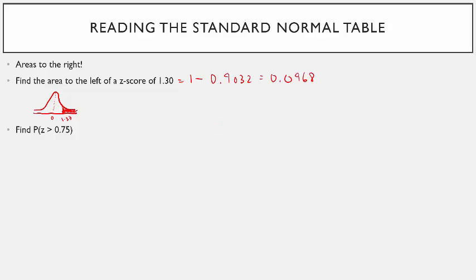All right, let's do this one. Find the probability that a z-score is greater than 0.75. Well, here's 0. 0.75 is over here somewhere. So I want to find the area shaded to the right. Well, again, that's just 1 minus. Now I just go look up 0.75.